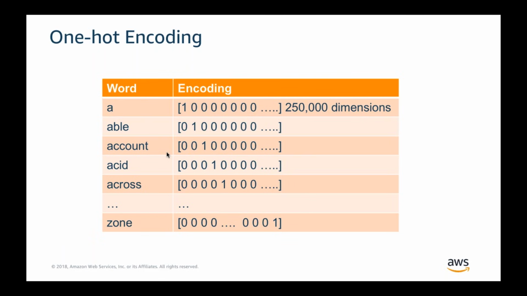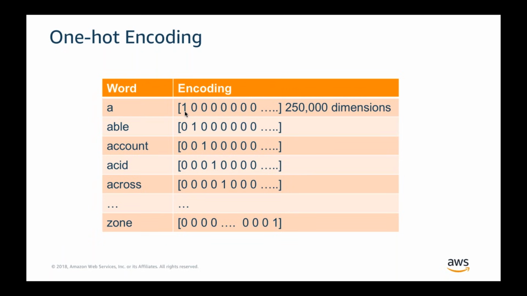So what we can usually do is go to something on the other end of the spectrum, which is called one-hot encoding. Let's look at what one-hot encoding is, right? Again, you have the same set of words, and for each word you're trying to assign an ID or an encoding or embedding. So what we do is we take a very large vector of almost all zeros except for one.